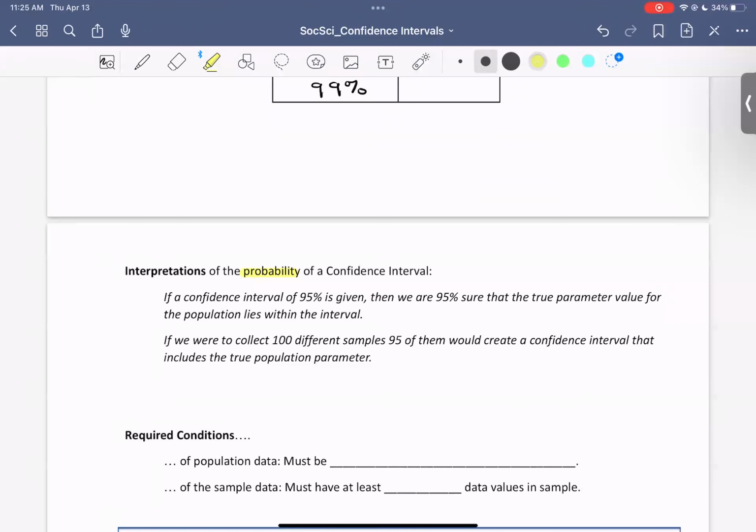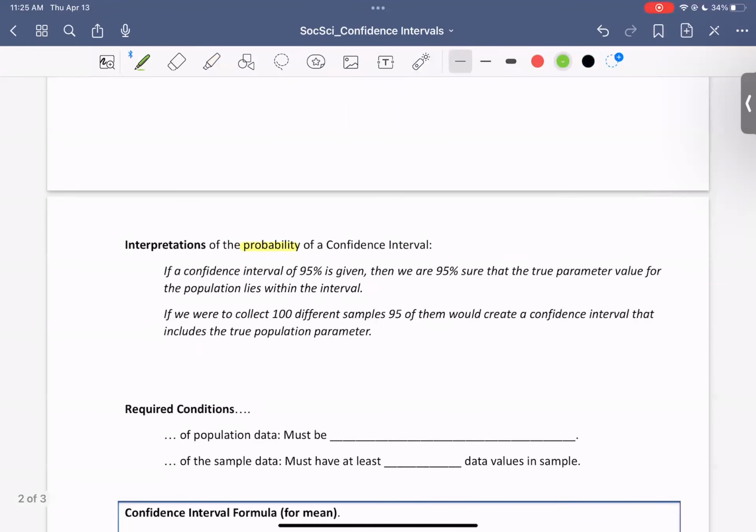So most commonly we say, if a confidence interval of 95% is given, then we are 95% sure that the true parameter, so that's the value associated with the population, for the population lies within the interval. So again, if a confidence interval of 95% is given, then we are 95% sure that the true parameter value for the population lies within that interval.